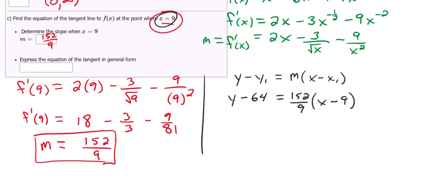Okay, so now if we're going to put this in general form, I'm just going to clear the denominator here by multiplying everything by 9. So now we have 9y minus 576 is equal to, and then our 9's cancel. That was the whole point there. So now we have 152 times x minus 9.